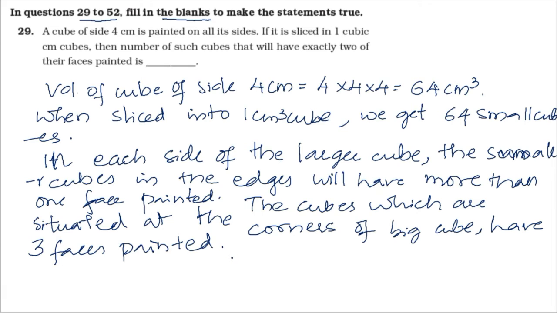As we all know, the total number of edges is 12. It means that at 12 edges, 2 of the cubes each, so 2 multiplied by 12, 24 smaller cubes will be having 2 faces painted.